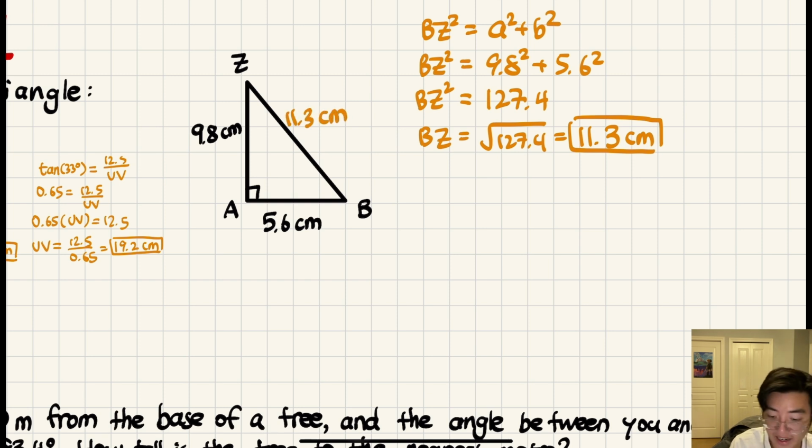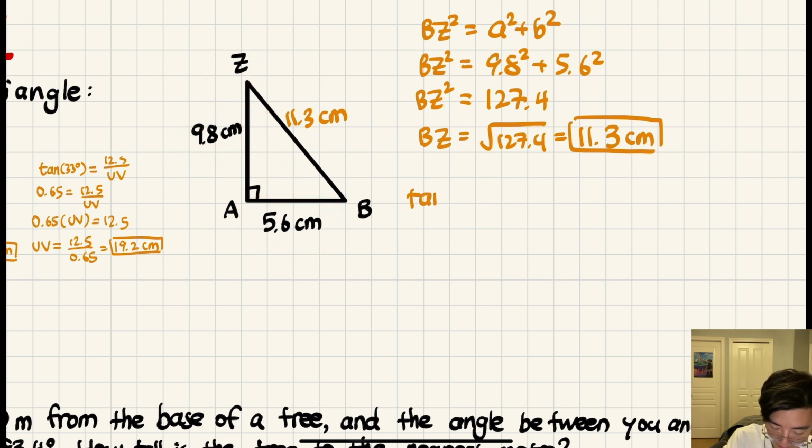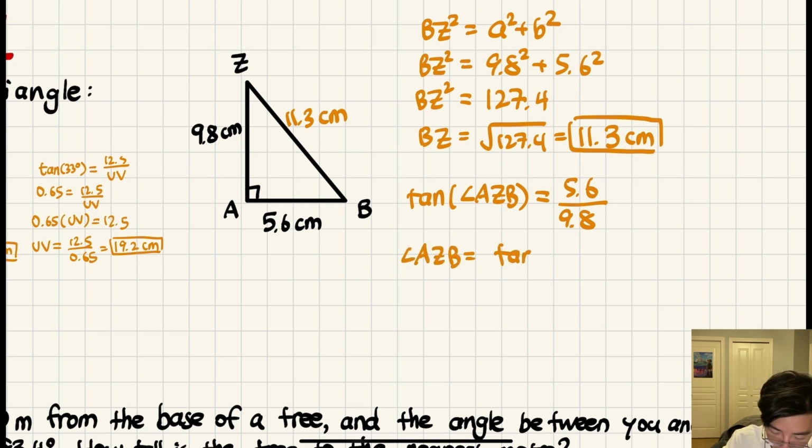Okay, and now we have the angles left. So once again, we can use the tangent ratios. Let's go to this angle first. With this angle, we have the opposite, which is 5.6, and the adjacent, which is 9.8. So the tangent of the angle AZB is opposite, 5.6 over 9.8, which means that angle AZB is just the inverse tangent of that fraction, which is 29.7.